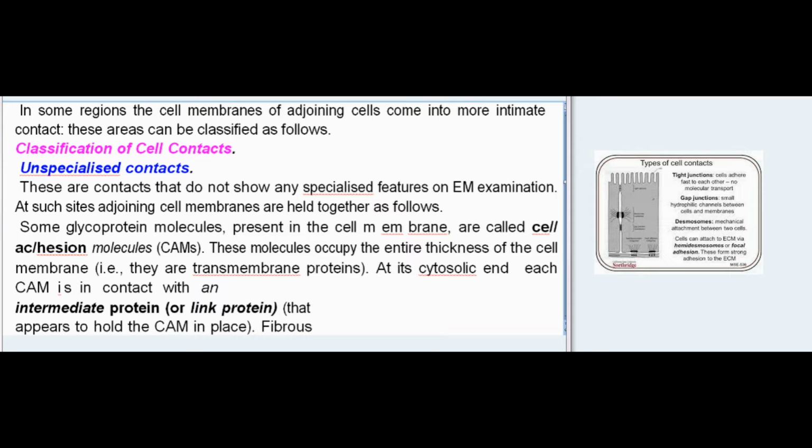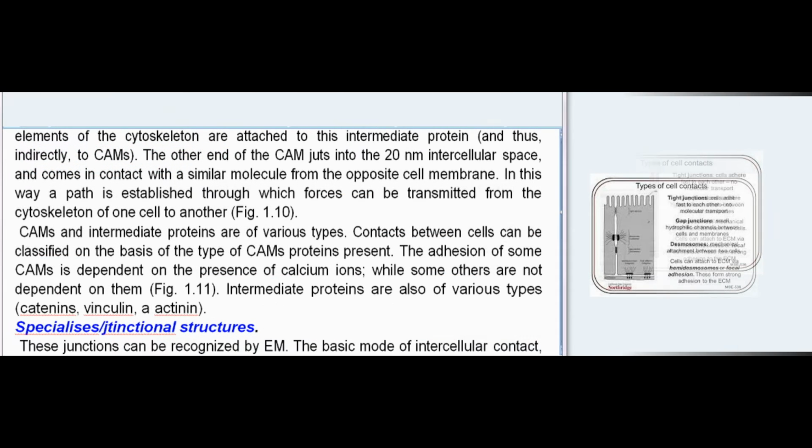These molecules occupy the entire thickness of the cell membrane, i.e., they are transmembrane proteins. At its cytosolic end each CAM is in contact with an intermediate protein, or link protein, that appears to hold the CAM in place. Fibrous elements of the cytoskeleton are attached to this intermediate protein, and thus, indirectly, to CAMs.